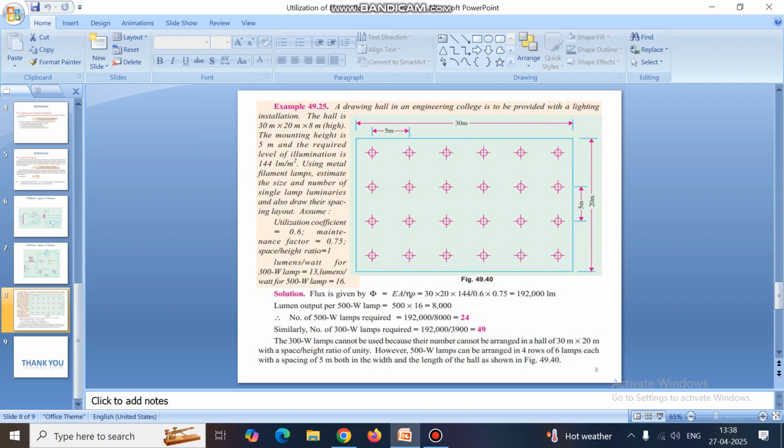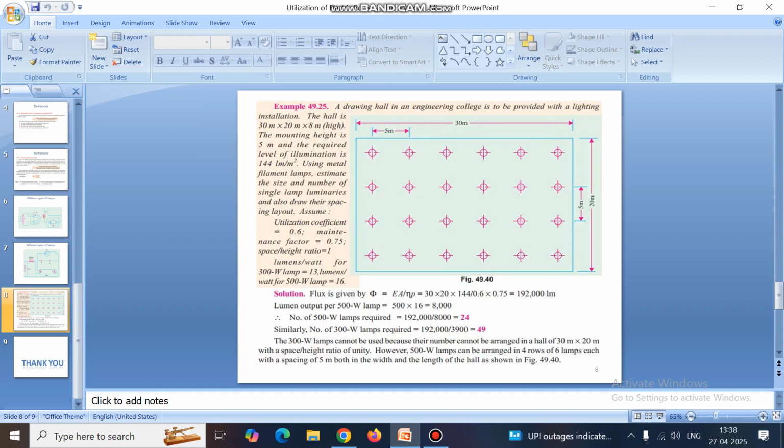Now step 4 is the rough calculation. Here the space is maintained at 5 meter. That means between the two lamps the space is 5 meter. So across the length, to maintain the space, the number of lamps required: 30 meter is the length, space requirement is 5 meter, so 30 divided by 5 is 6 lamps across the length.